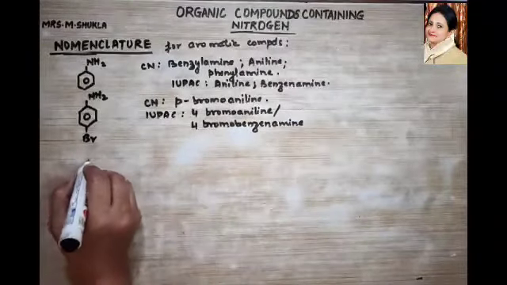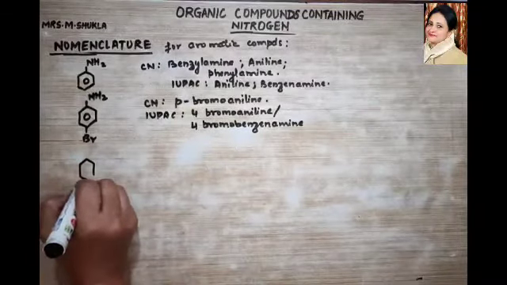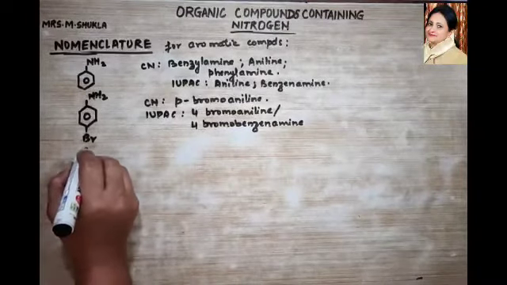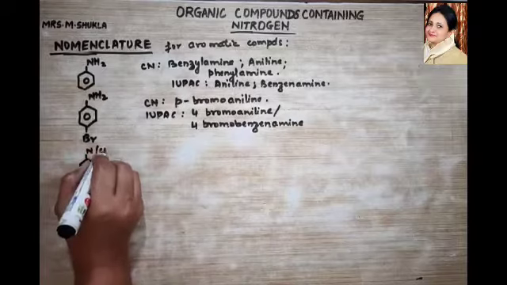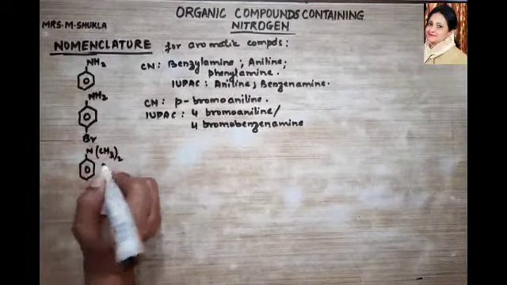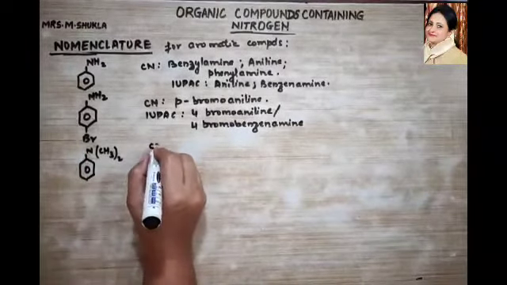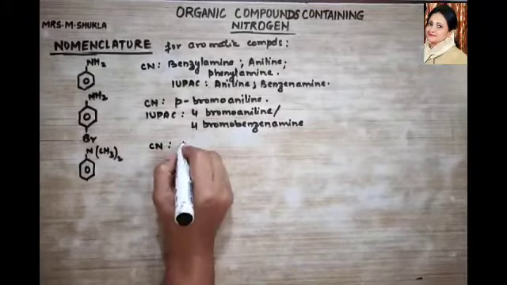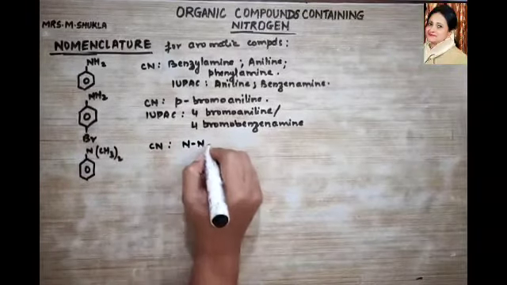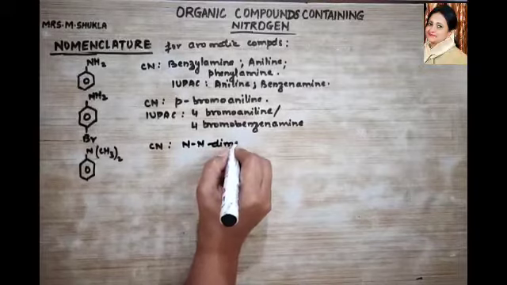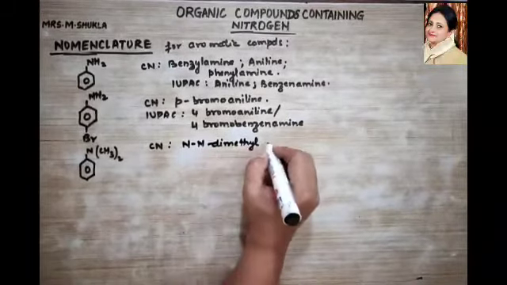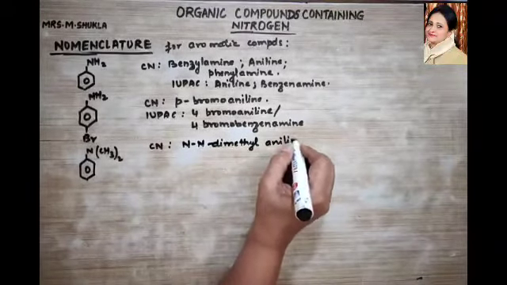Okay, let's take another example. This structure is N(CH3) whole twice. What is the common name of this? The common name of this will be N,N-dimethylaniline.